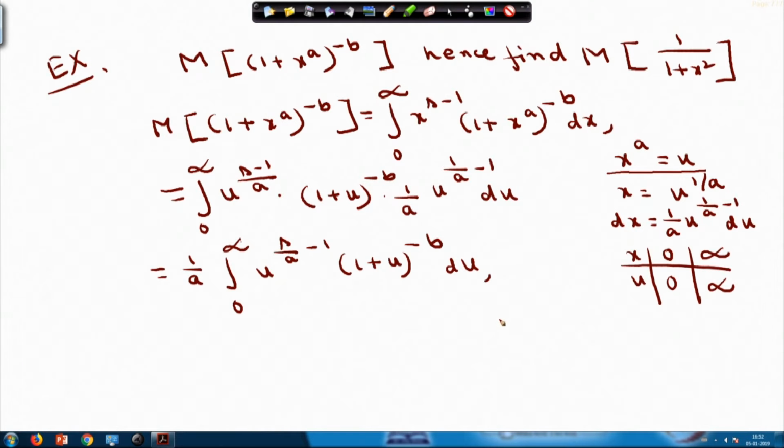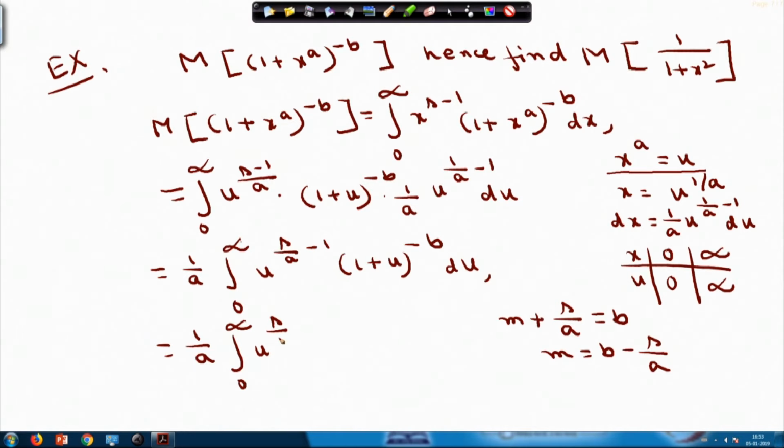Now, let us put m plus s by a equal to b, that is, m is equal to b minus s by a. I am assuming m plus s by a equals b, so that m will be equal to this. So this integral you can write as 1 by a, the integral from 0 to infinity of u to the power s by a minus 1 into (1 plus u) to the power minus (m plus s by a) into du.